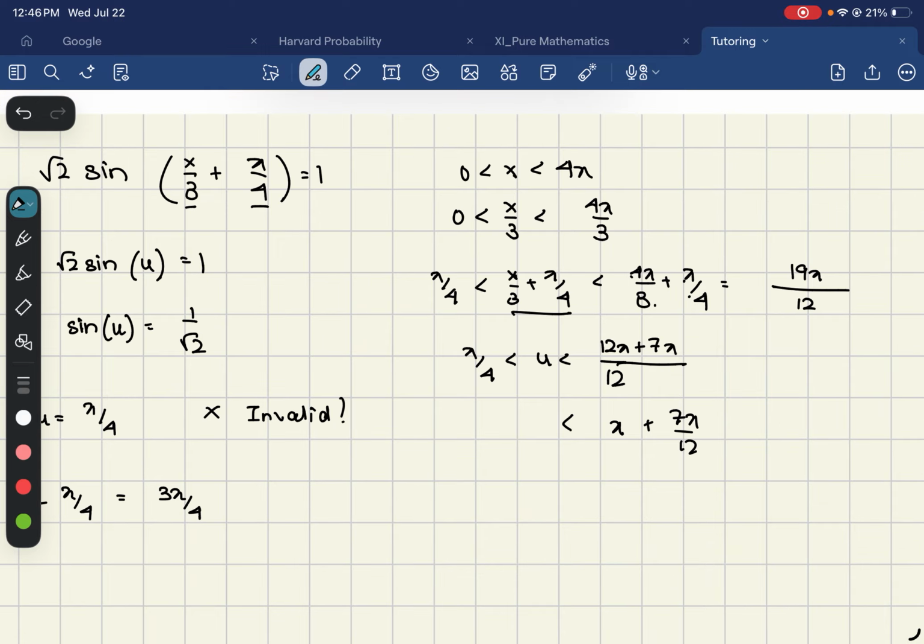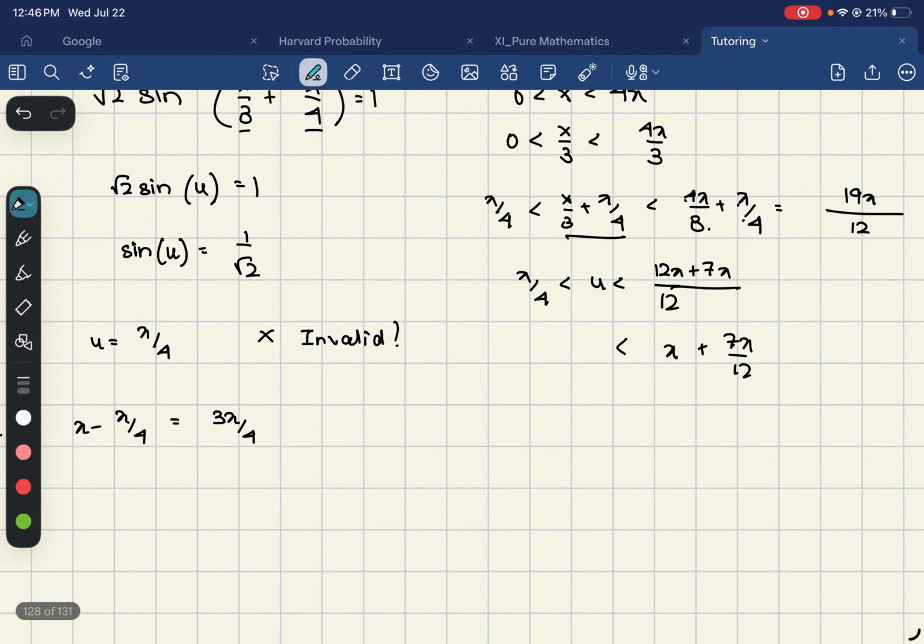So 7 pi over 12 is an acute angle, right? Pi over 12 is 15 degrees. 7 times 15, okay, it's 105.